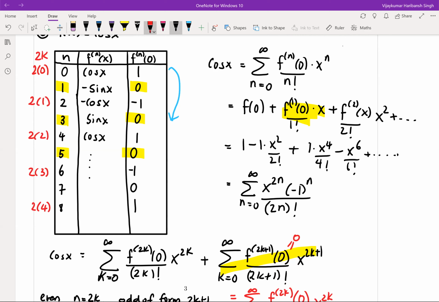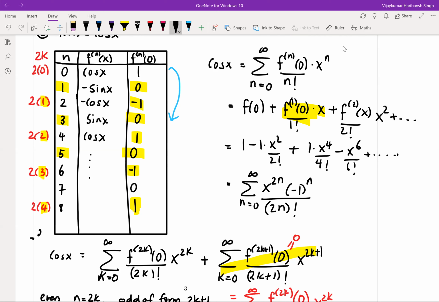So note that you're getting 1 if k is even, and you're getting -1 if k is odd. So if k is odd, how do you get -1? You can just write it as -1 to the power k.